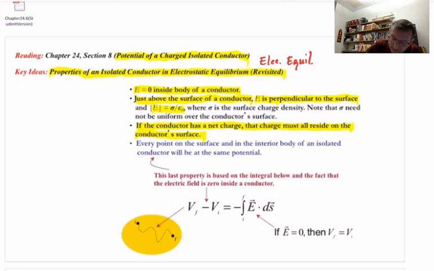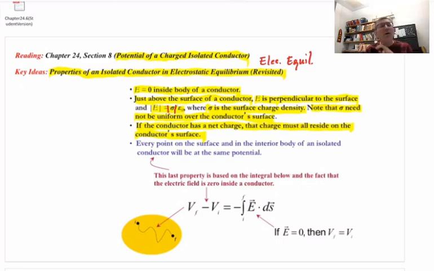We really ought to write it as the absolute value of sigma over epsilon 0, where sigma is the surface charge density at the location where you are. And it doesn't have to be the case that that sigma is uniform over the conductor's surface. It depends upon the conductor's shape and if there are any other charges around.